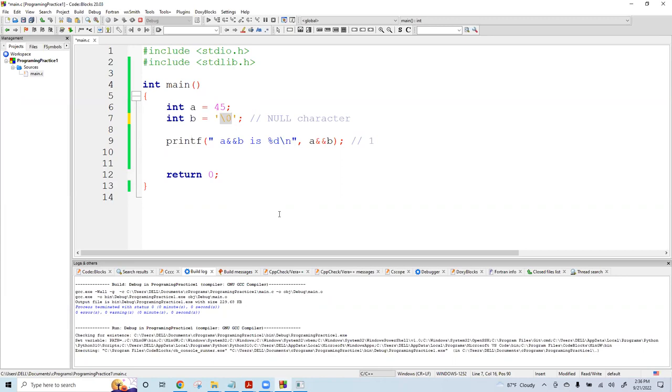So if any of the values are 0, then it is 0. If both are 0, definitely it is 0.